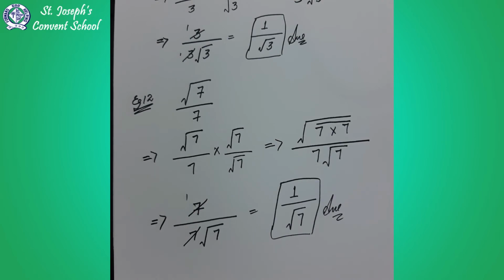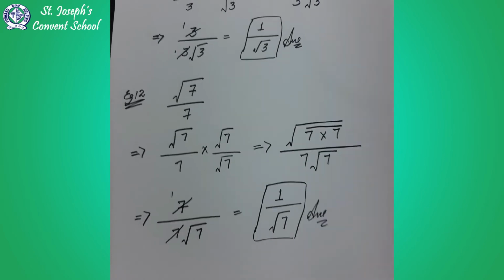Let me give you more examples. There is another property, there are more properties. Let's do the next property. You have to practice all these examples because there's no exercise given on the square roots. So try to understand all these.